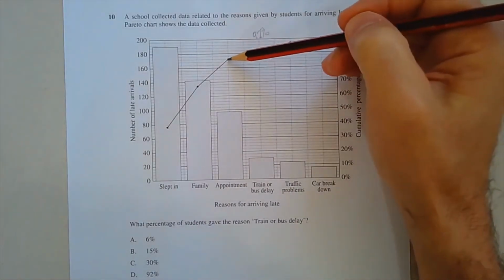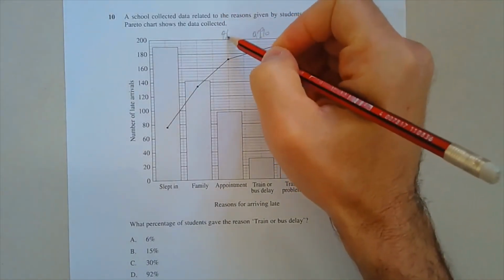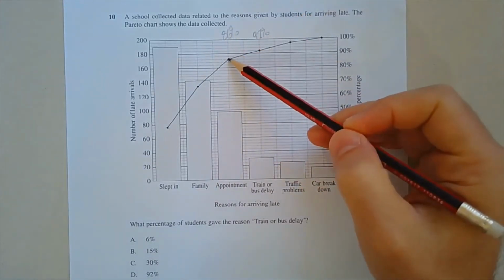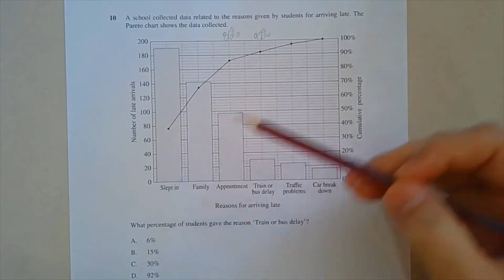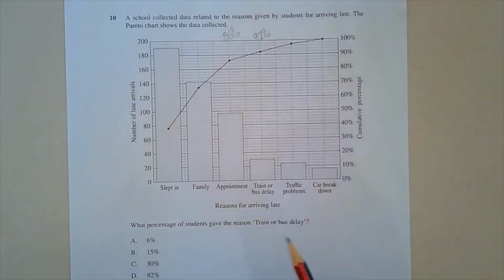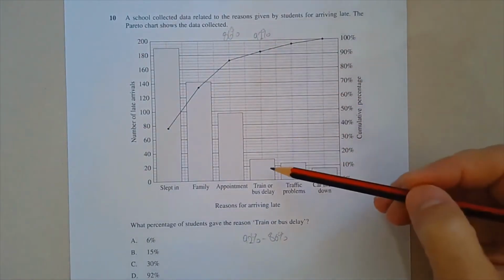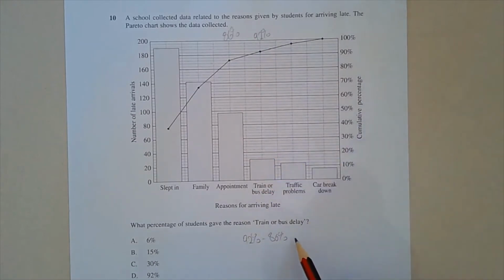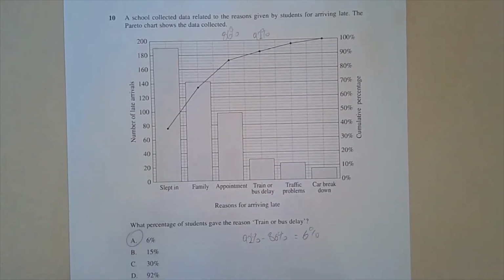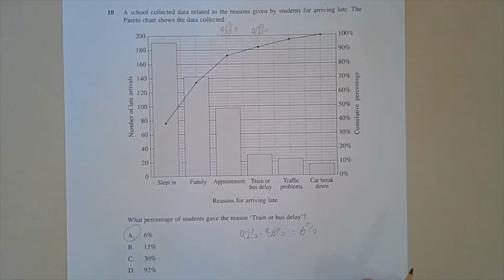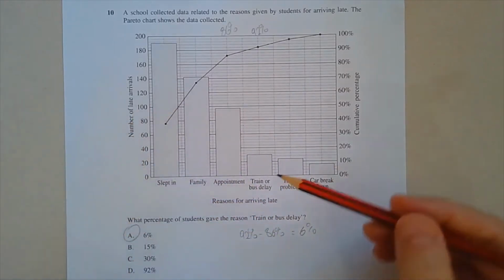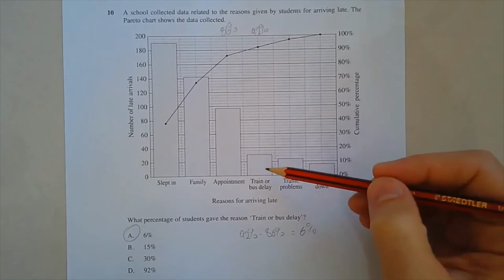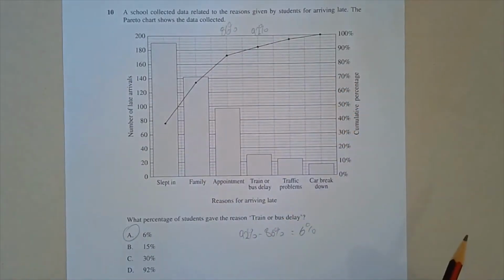So we can't include these three columns. This point here is 86%, and this 86% refers to appointment, family, and sleeping in combined. So 92% minus 86% will give you the percentage contributed by just train or bus delay alone, and that'll be 6%, which is option A. The other way you could do this is to add up all the columns individually, get a total, and then divide train or bus delay by the sum of all these columns, but that'll take you a lot longer.